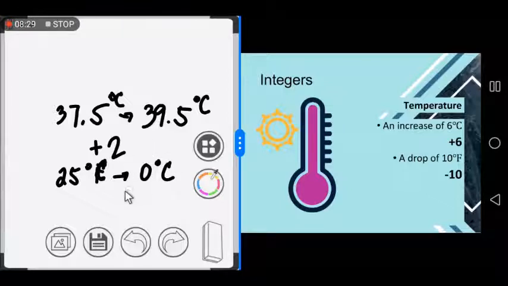So bumaba siya ng 25 degrees, kaya naging 0. Therefore, we have negative 25. So it's the increase or the change in temperature that we represent.